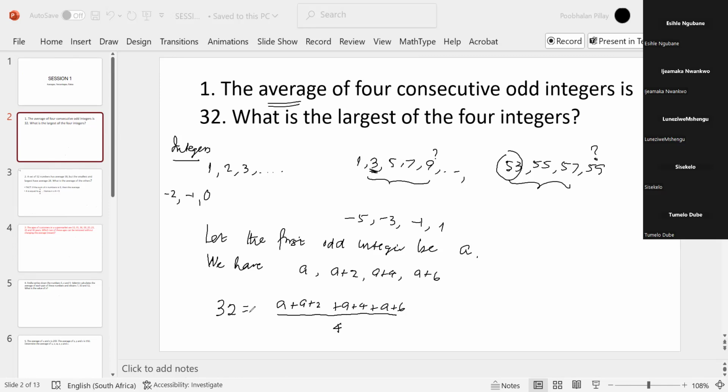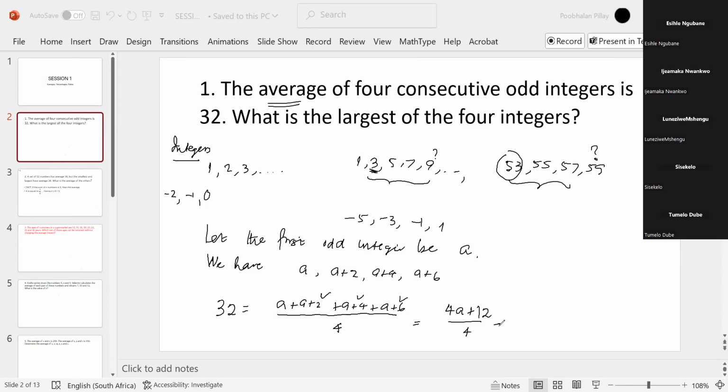So now, lo and behold, you have an equation because you've got an equal sign here. And there's only one unknown, namely that first integer which we named. Remember, A is the first integer. So you got 4 A's and you got 2 and 4 and 6. So that gives you 12, divided by 4.